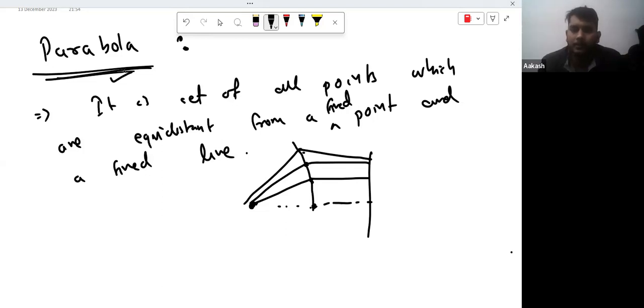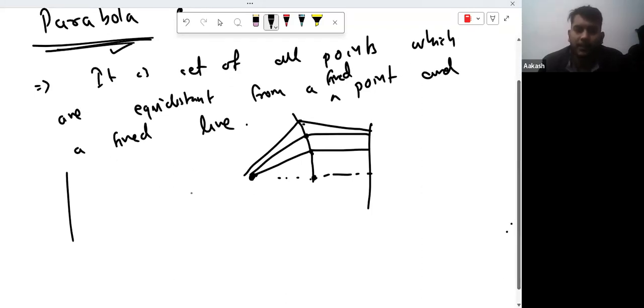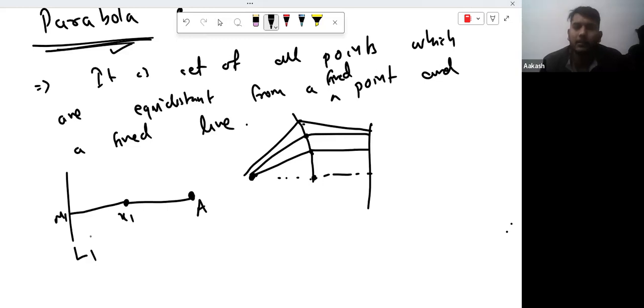Let me explain once again. You have a fixed line in this world. Fixed line means you cannot move it. And there is a fixed point A. You have to find all the points in this world which are at equal distance from this point A and the line L1. If there is a point x1 here, and you measure A x1 and x1 m1, they are equal.